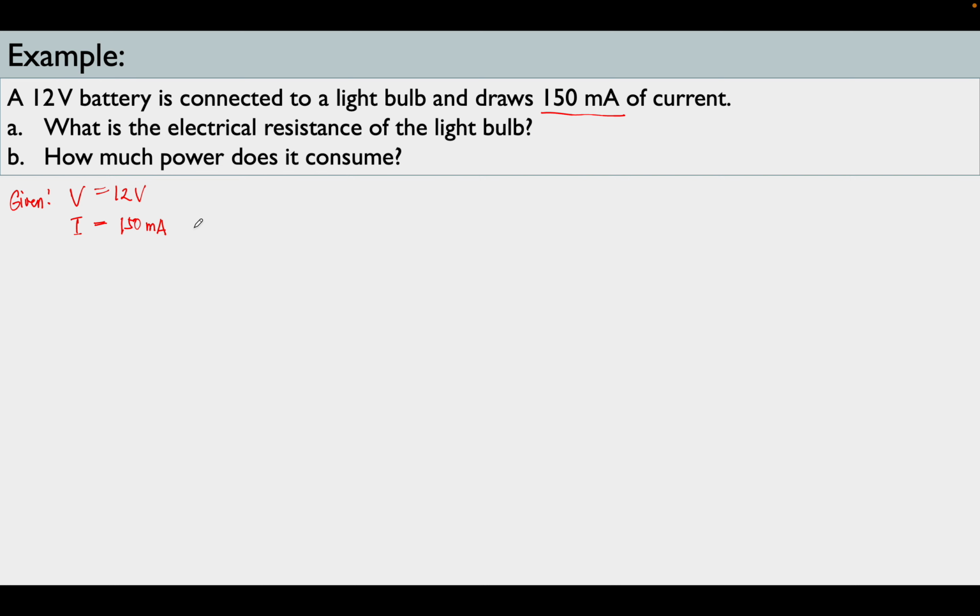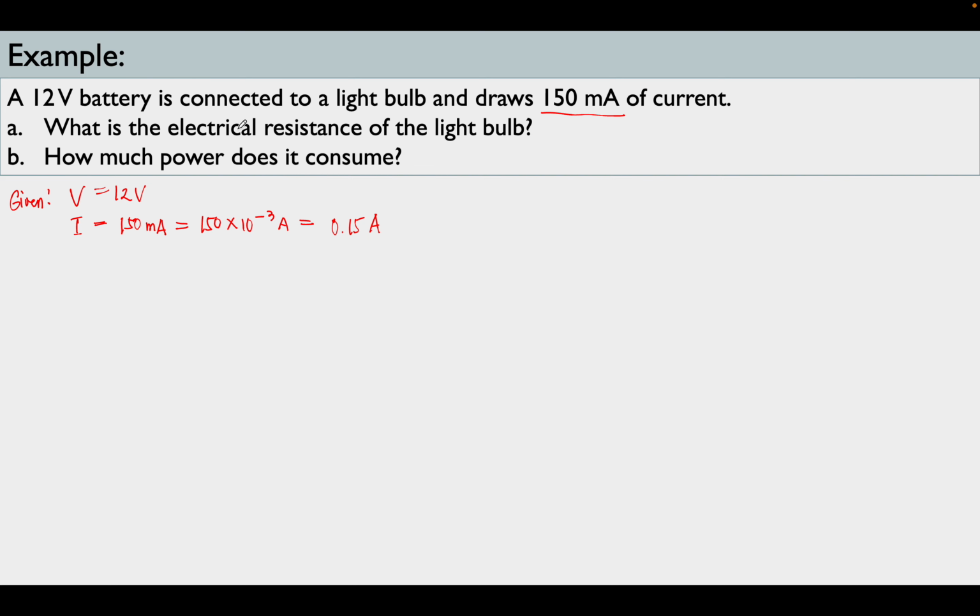Milli is times 10 to the power of negative 3. So 150 times 10 to the power of negative 3 ampere is equal to 0.15 ampere.